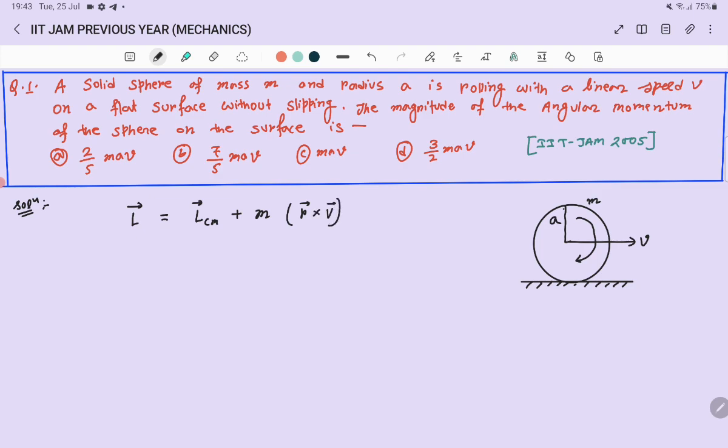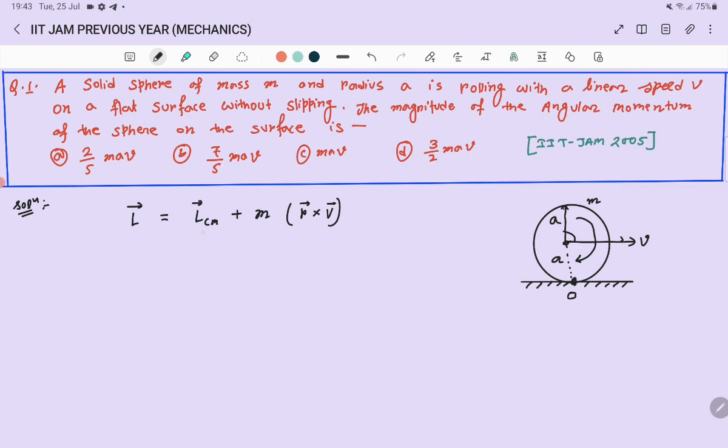Here r is the position vector of the center of mass with respect to the reference point, and that is obviously a. The angle between a and v is 90 degrees.